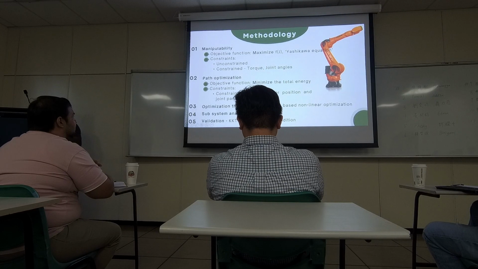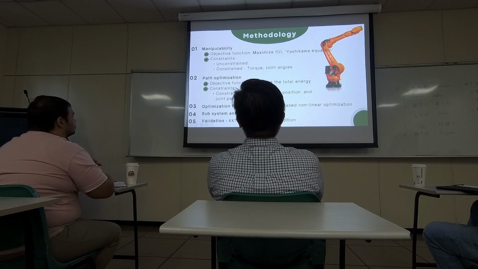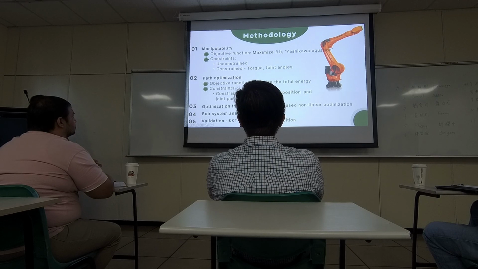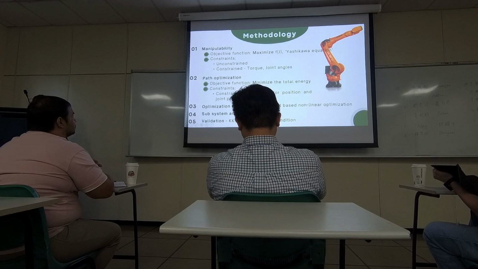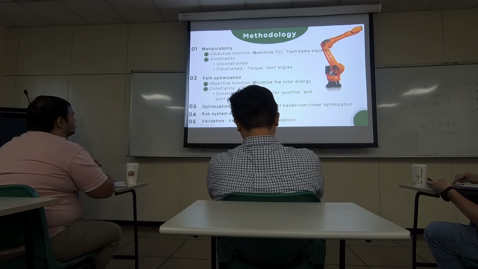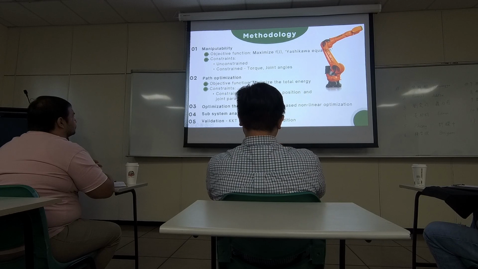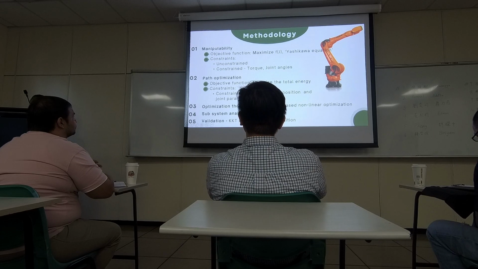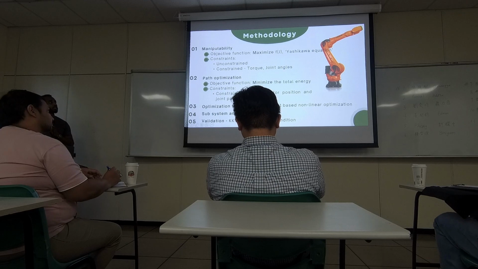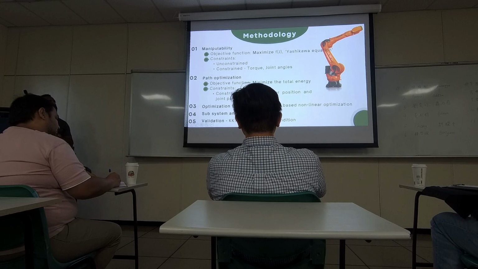Since we will optimize two parameters, namely manipulability and path optimization, we will have separate and different objective functions and constraints. For the manipulability objective function, we will use the Yoshikawa equation, which is a function of this robot's Jacobian matrix.